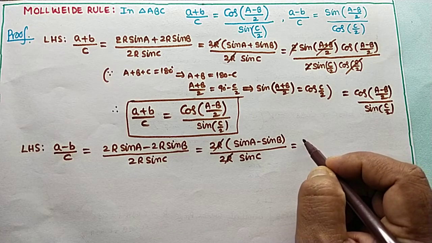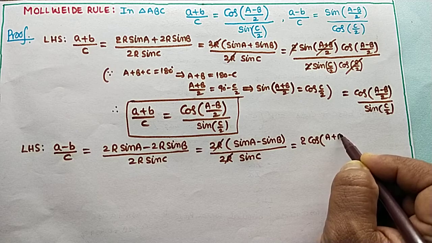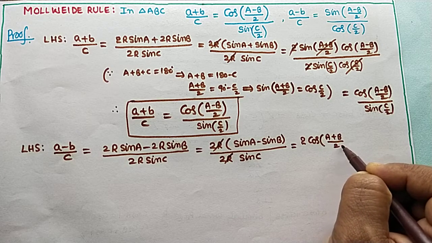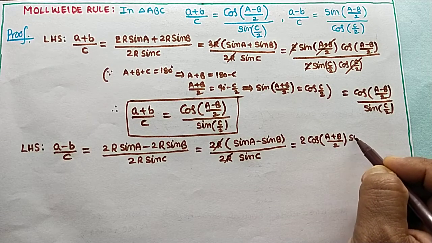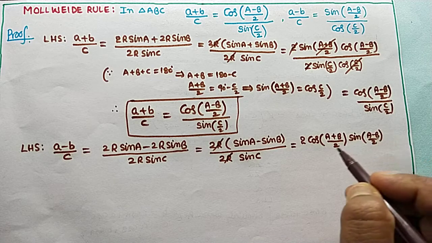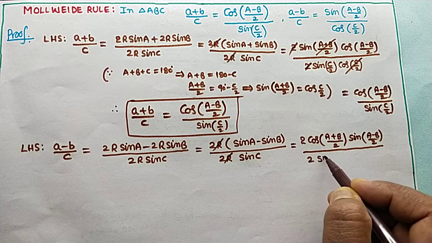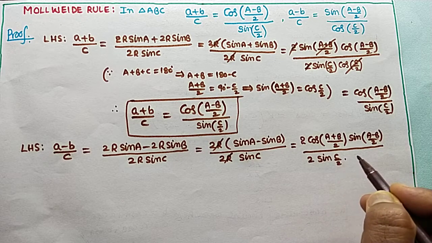Similarly, 2 cos (A plus B) by 2 into sin (A minus B) by 2, whole divided by sin C, which is 2 sin C by 2 cos C by 2.